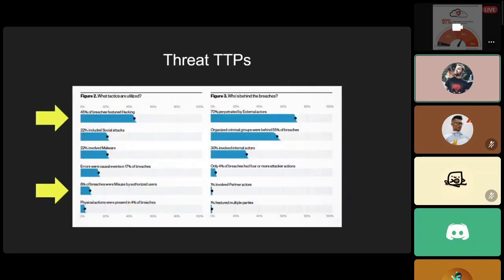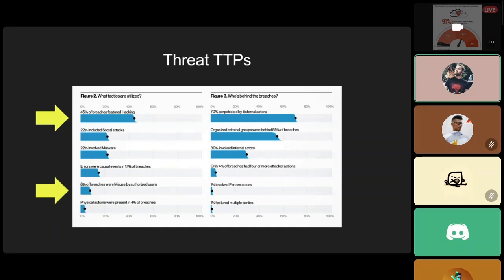So now that we understand some of the underlying potential issues with user access and the confusion about what we're responsible for, we need to understand what some of the tactics, techniques, and procedures, aka TTPs, are that threat actors are using, whether they be an insider threat or an external threat or anything in between. 45% of these folks that are attacking our infrastructure, and in this case our cloud infrastructure, are actually using hacking techniques.